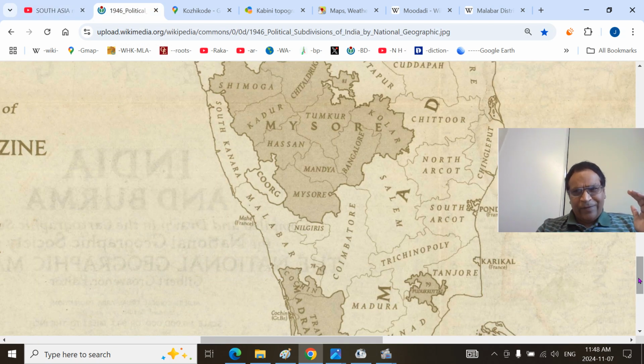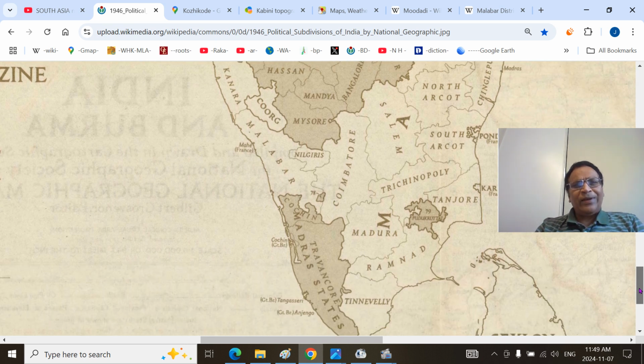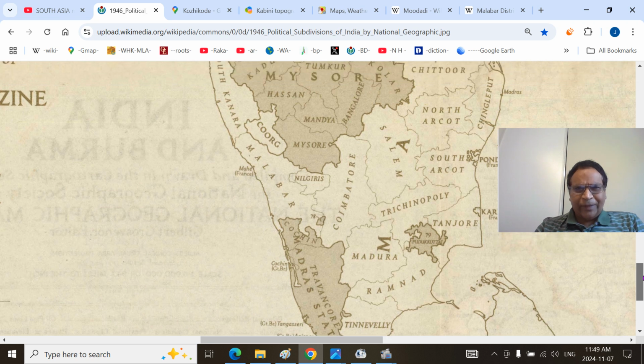This is the pre-Radcliffe time political map of Bharat. This is the Madras presidency. You can see the historic Malabar district, British Malabar district, and we'll be covering this particular portion extensively in the next couple of series.